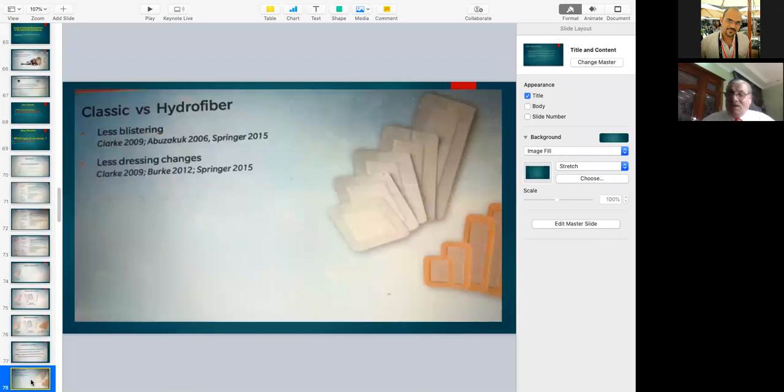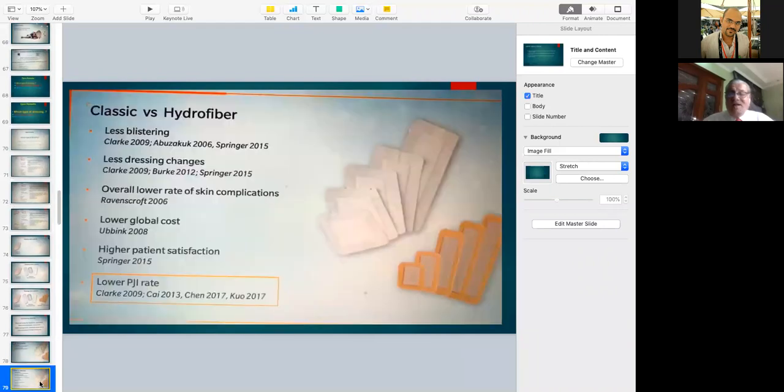What about the literature? A lot of research has been done on classic versus hydrophilic, classic versus the modern one. Of course, the hydrophilic causes less blistering and needs fewer dressing changes because it may stay 5 days, 7 days, with a low rate of skin complications.